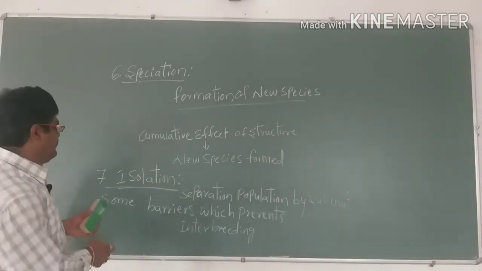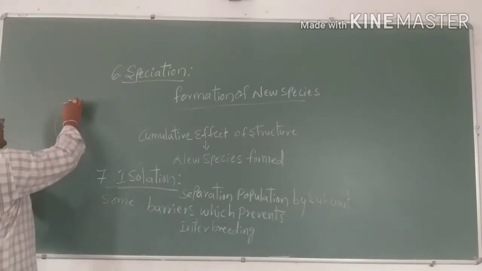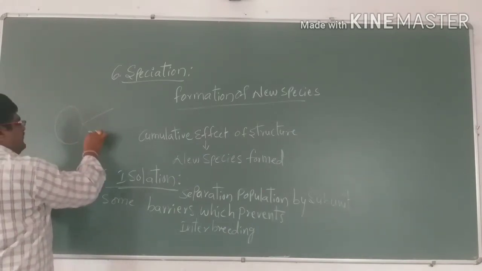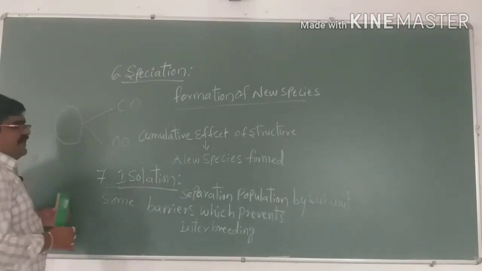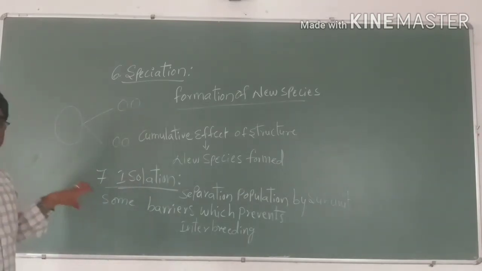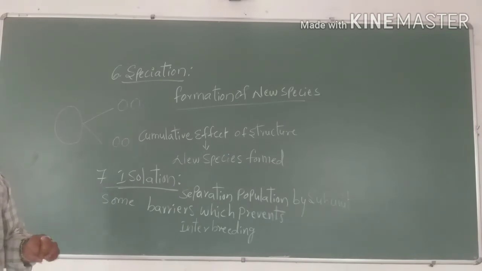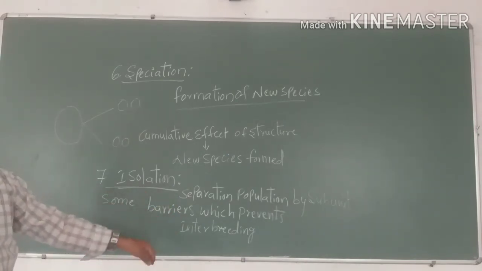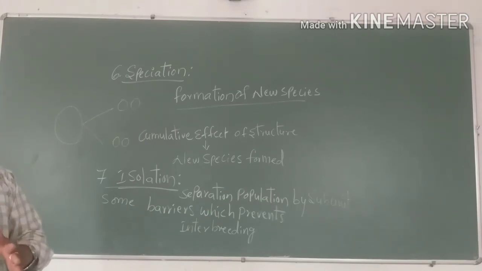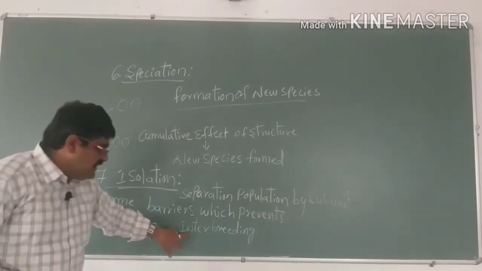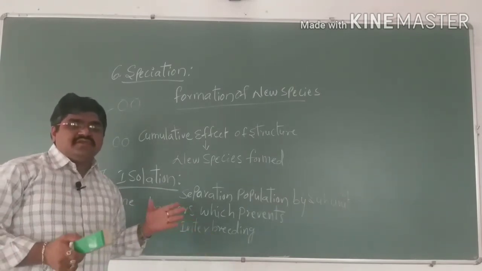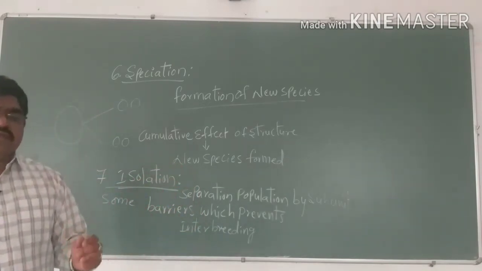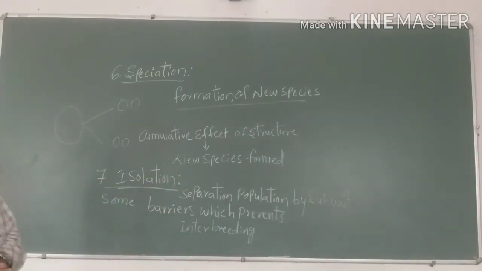For example, if we take a large population, it is divided into small populations, so the barriers prevent interbreeding. Interbreeding means producing young ones from one generation to another, among different species. Preventing that, we call such a process isolation.